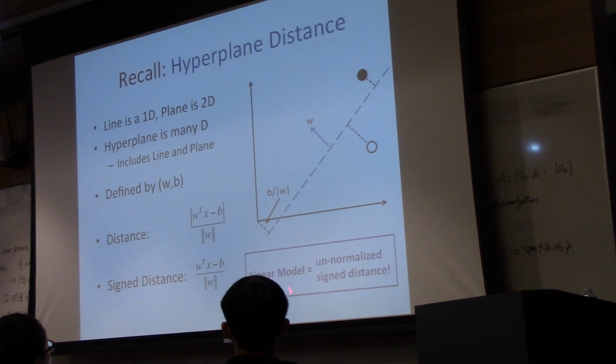So you can think of the linear model as the unnormalized signed distance, right? So this is the positive distance, this is a negative distance, and so on. And this is not really relevant to the class, but this is how you can interpret how the bias affects the shift of the hyperplane.